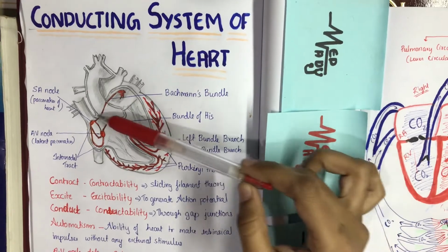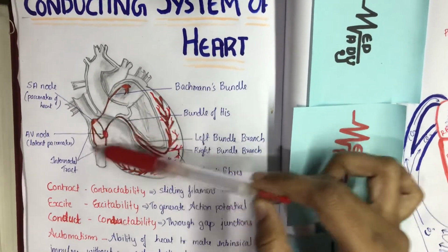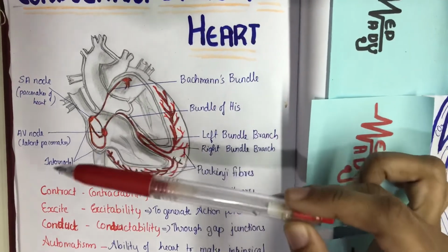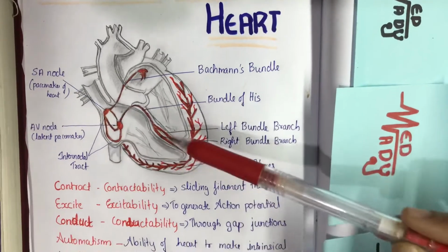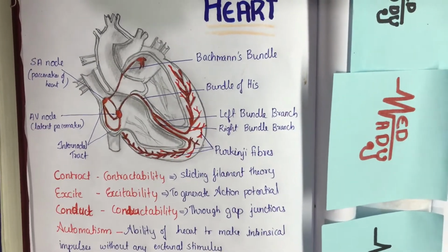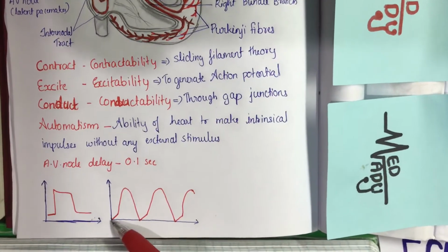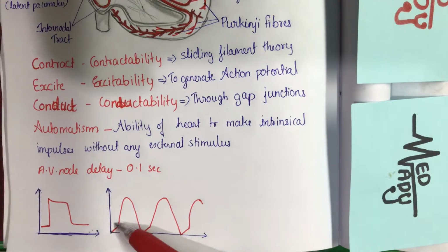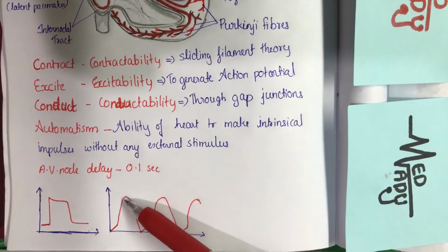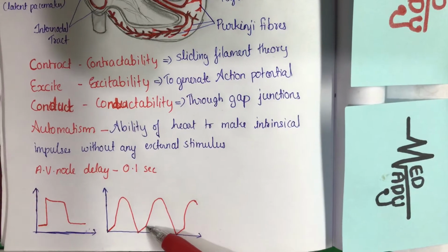And I told you that the SA node is known as the pacemaker of the heart, and it has the ability to start its own impulses. We can express this graphically, just a graph without any representation. It has a local depolarization, a depolarization, repolarization, and again local depolarization.